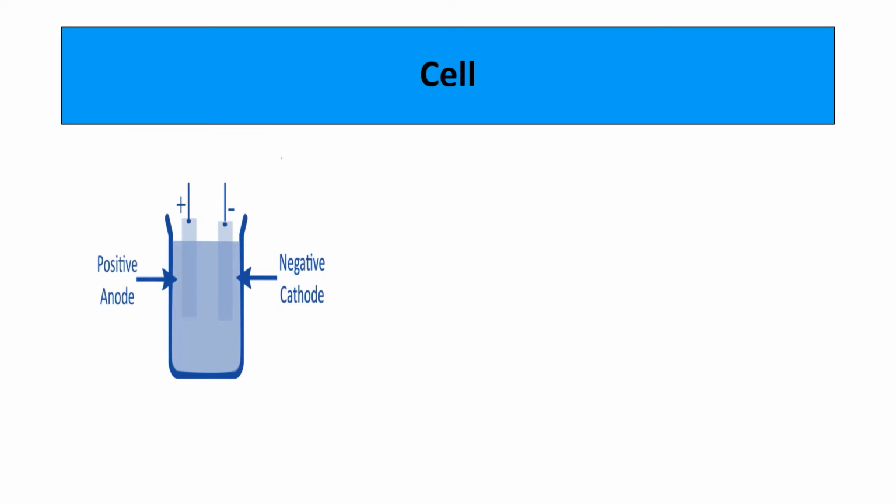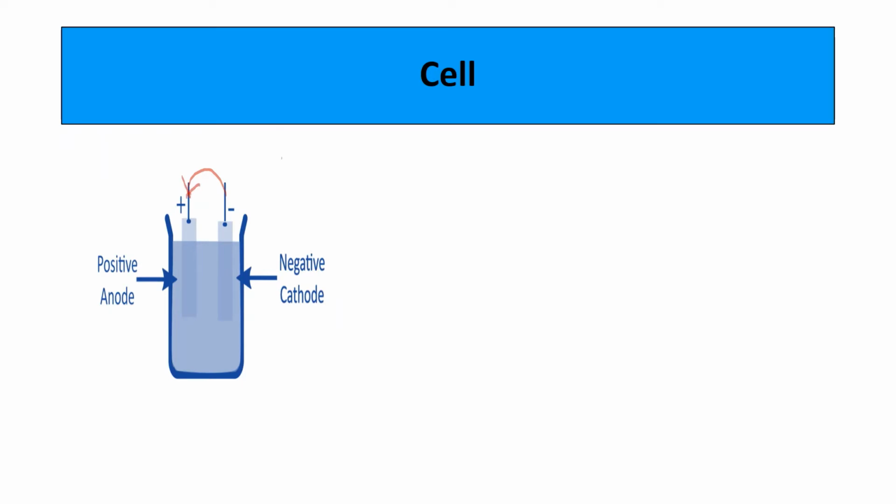We know that the electric current flows from the positive terminal to the negative terminal. That is the conventional current flow. The electrons are flowing in the opposite way, that is from the negative terminal to the positive terminal or the electrode.